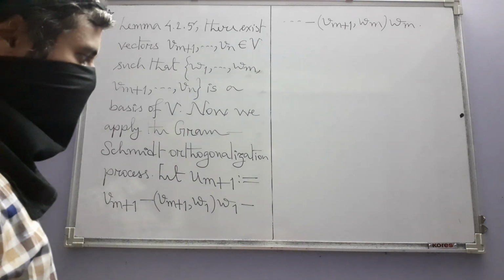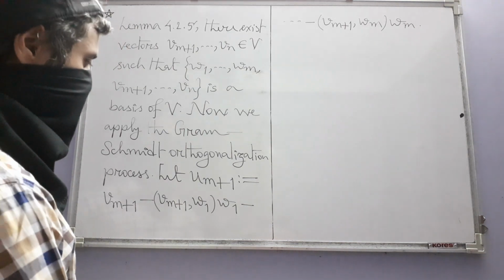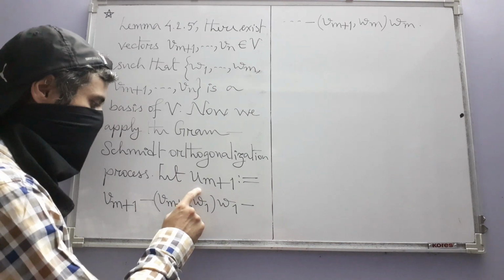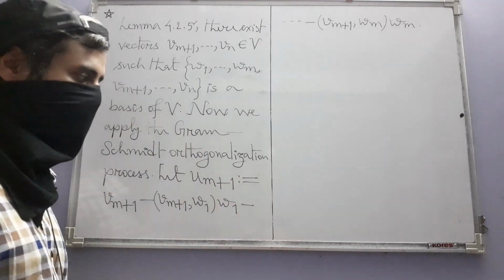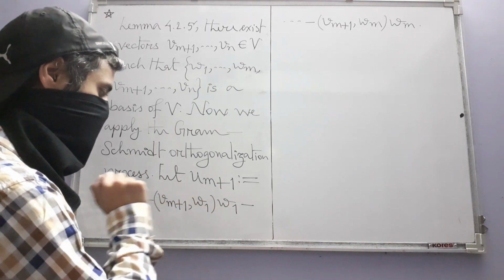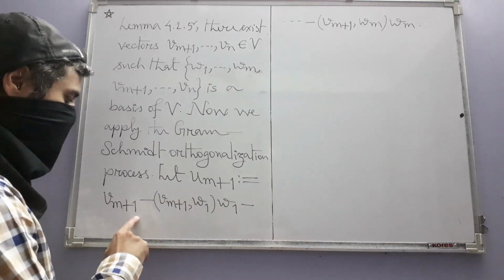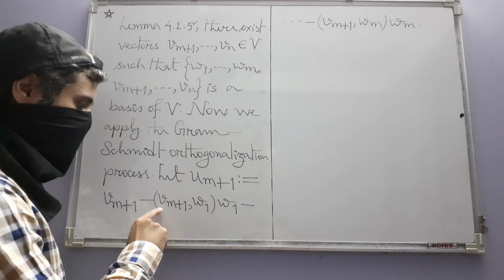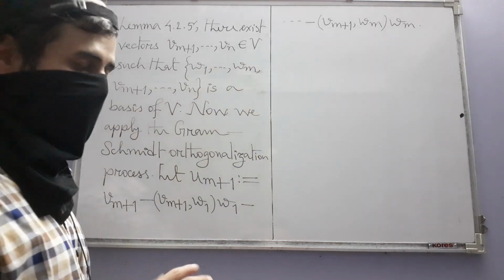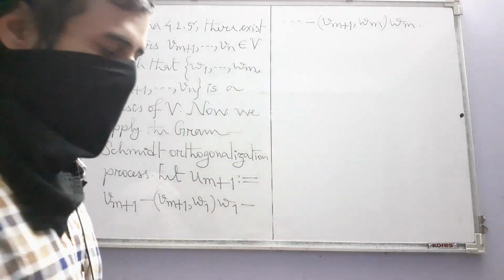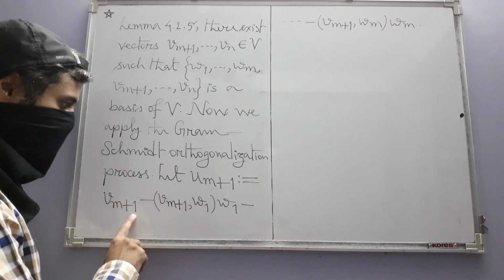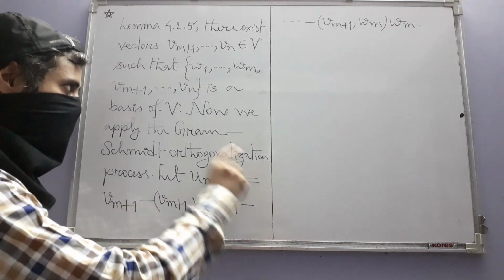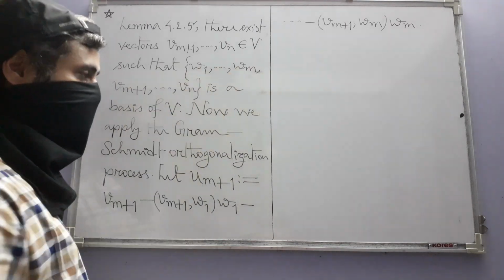Now there are two things that one can note about this Um plus 1. The first thing is that this Um plus 1 is not equal to 0. What would happen if this is 0? Then Vm plus 1 will be a linear combination of the Wi's, W1, W2 up to Wm, but then Vm plus 1 will belong to the linear span of these first m vectors.